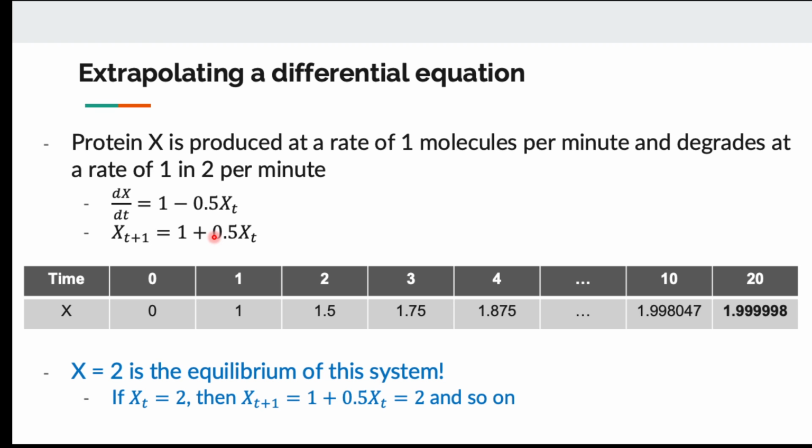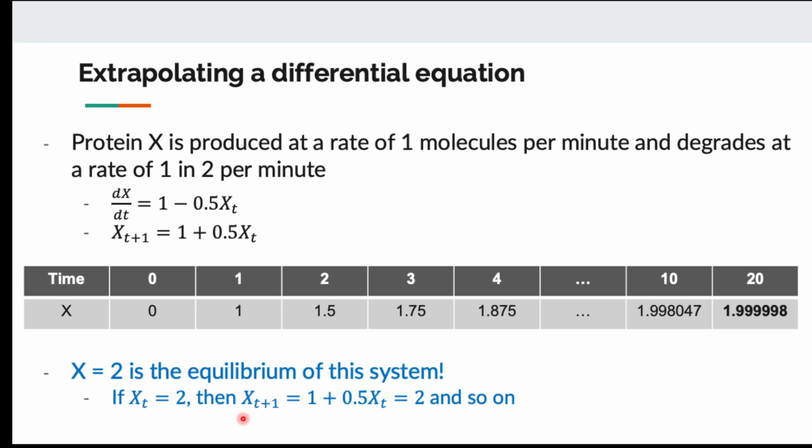And what I mean by equilibrium is that if you have 2 proteins, you have 50% degradation, so you are left with 1 protein, but you also produce 1. So if you approach the 2 proteins situation, then the next step will also be 2, the next step will also be 2. So this is called the equilibrium of the system.